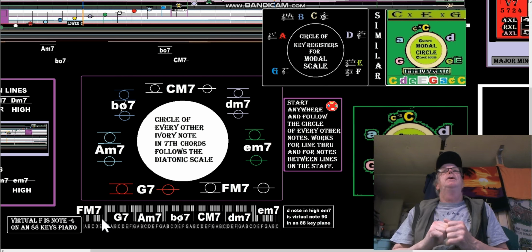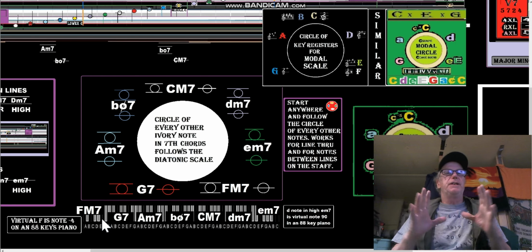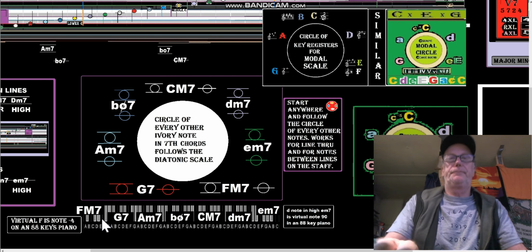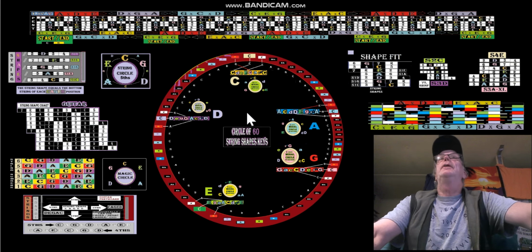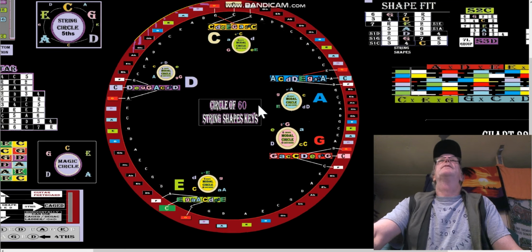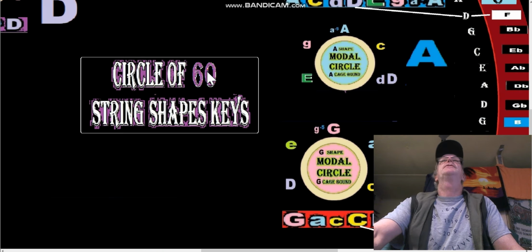If we have a 94 note keyboard, notice I said you have to expand the mind past what it is. That's why when I did the circle of string shaped fifths, it turned out to be 60 string shapes long, right? Circle of 60 string shaped keys.